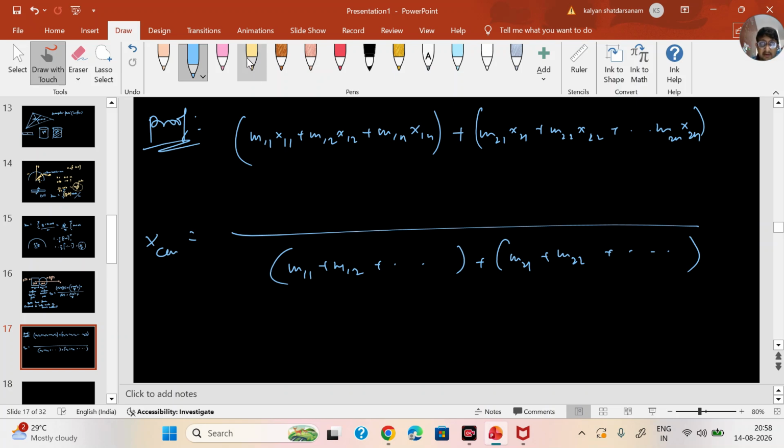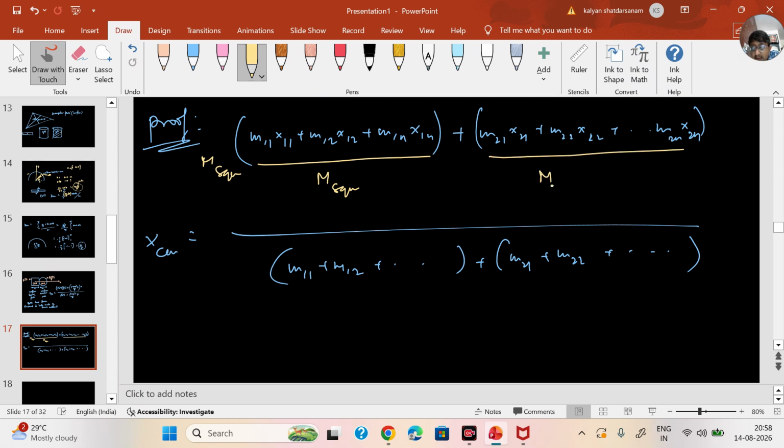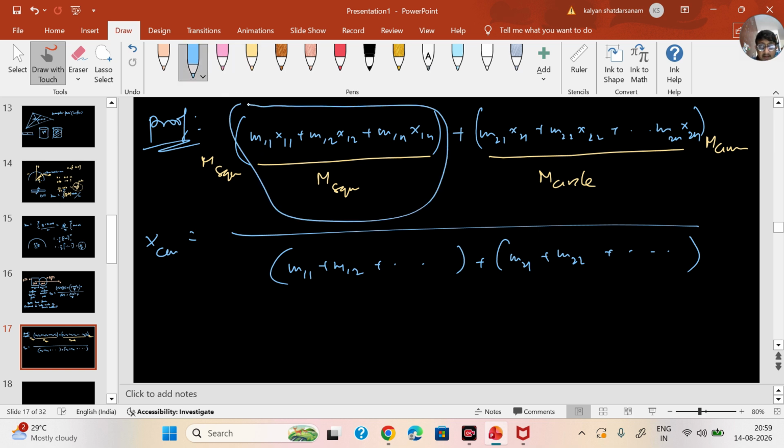Now look at the clever transformation. I am going to divide this by m11 plus m12 plus up to m1n, that is the mass of the square plate, and multiply also by the mass of the square plate, because multiplying and dividing is as good as cancelling. Similarly, divide this by the mass of the circular plate and multiply this by the mass of the circular plate. Now look at what is there. This is the center of mass of the square plate, the sum of the particle masses into their x coordinates divided by the mass.